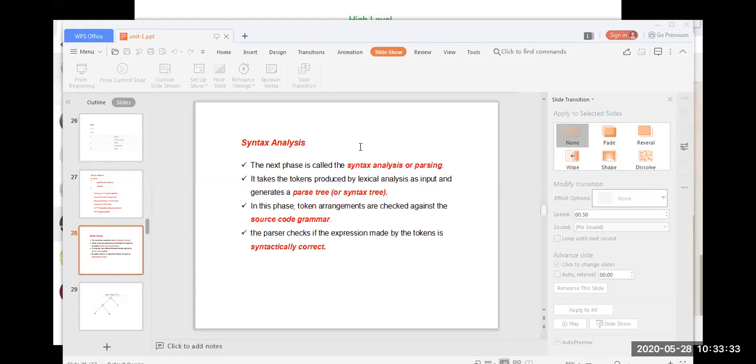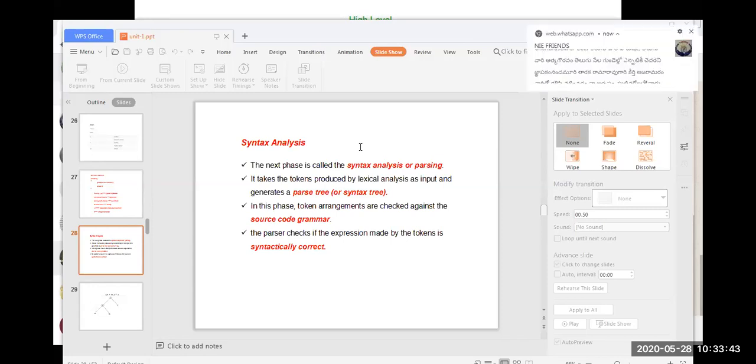While constructing the parse tree, it will compare those tokens with the rules and regulations, the grammatical rules, of the programming language. If they match, it will happily construct the syntax tree. Otherwise, it will raise a syntax error. Clear? So that is the syntax analysis.